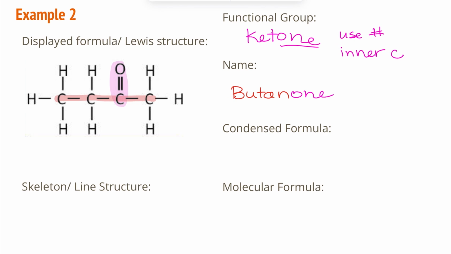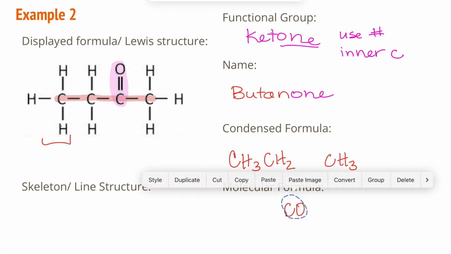All right, if we go through and write the condensed formula, I've got CH3, that's 3 hydrogens for that first one, CH2, I've got CO, and then CH3. We could also write this one and put that CO second.